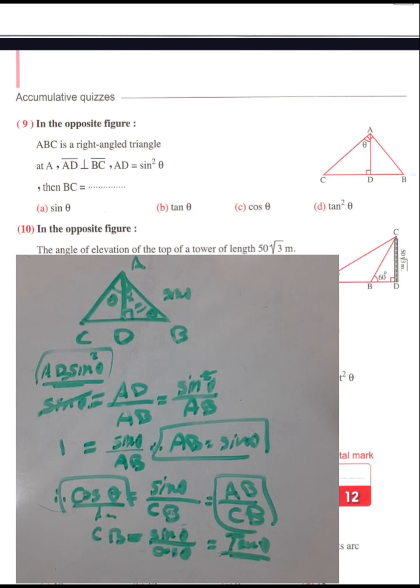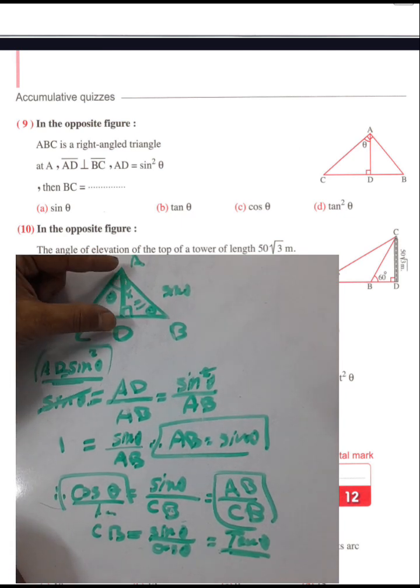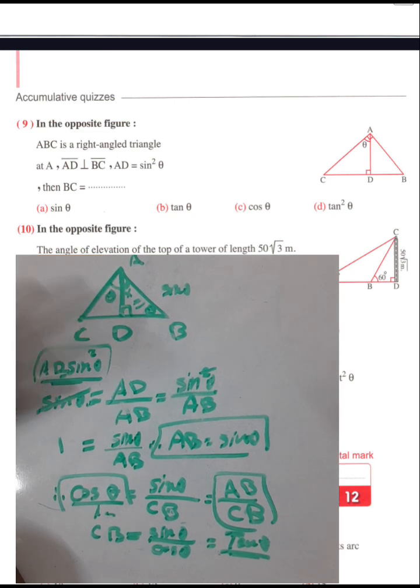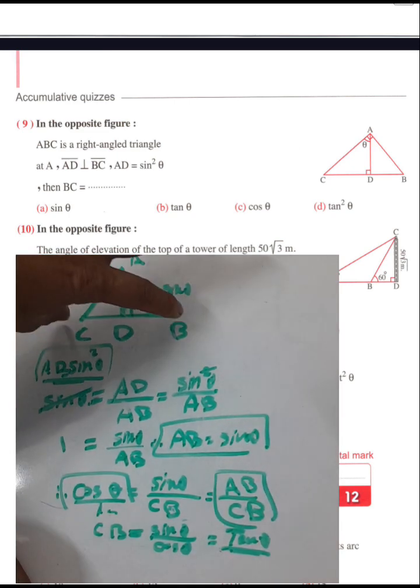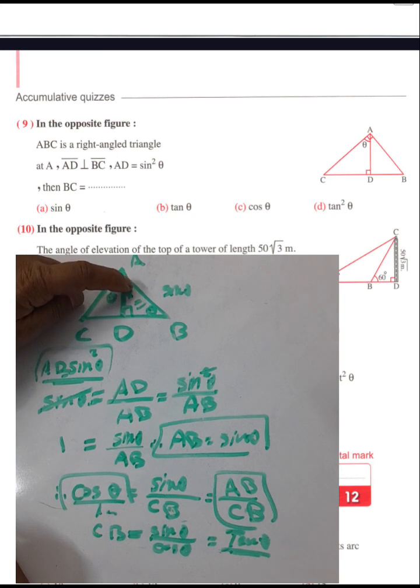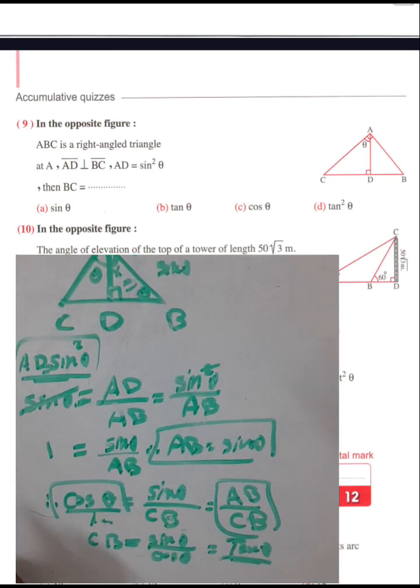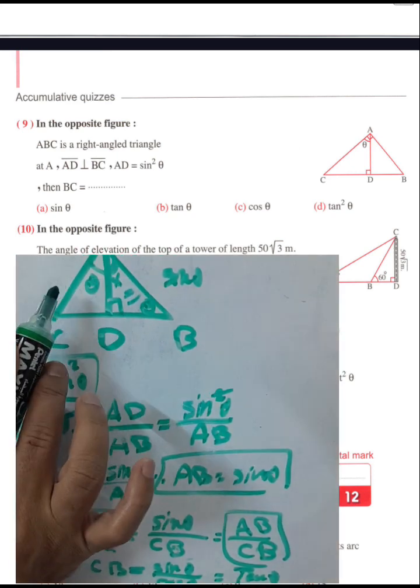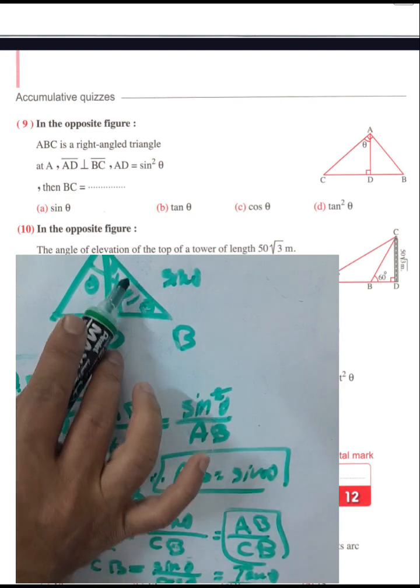Okay, we have here the first solution. He gave us ED equals sine squared theta. He gave us this example here, and he wants to find CP. We know theta plus x equals 90 degrees. Theta and x are complementary angles in the small triangle.